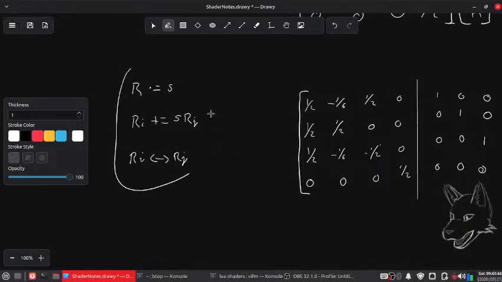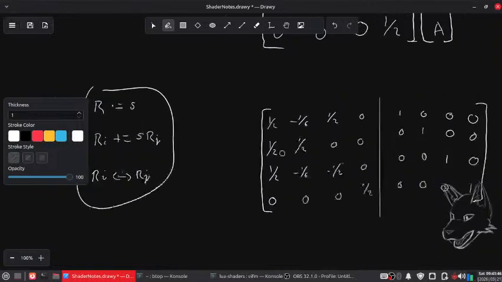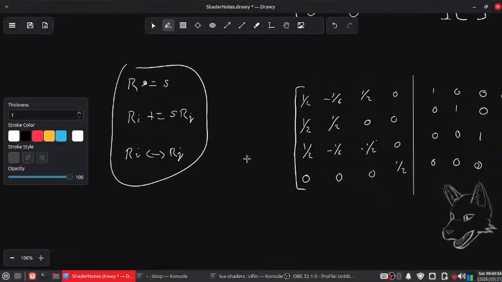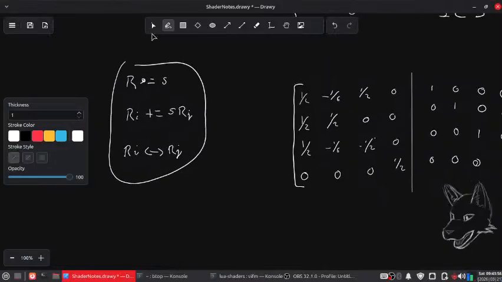These are the three valid things that you can do, right? Times equals, we can do plus equals. These are the three things we can do.